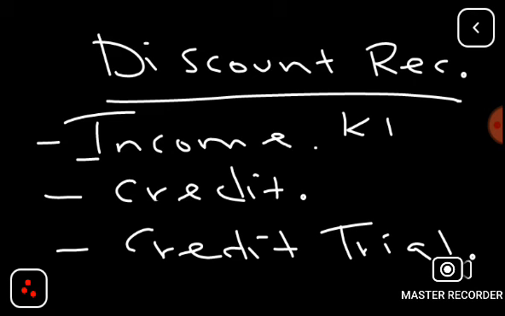Now that 1 kwacha that we won't pay to our suppliers becomes an income to us, and we are going to record it into the discount received account, on the credit side of the discount received, and you find out that our balance brought down will be a credit balance, and that 1 kwacha, according to this example, will be transferred on the credit side of the trial balance.